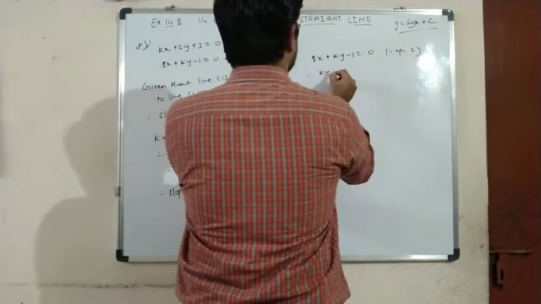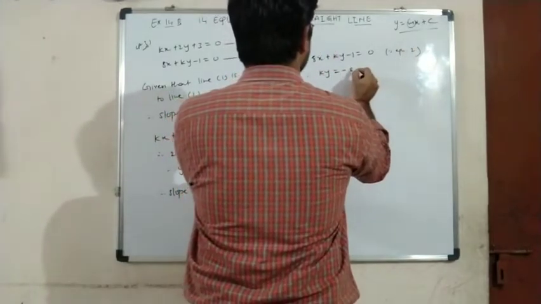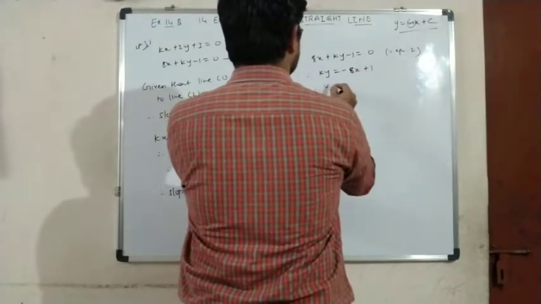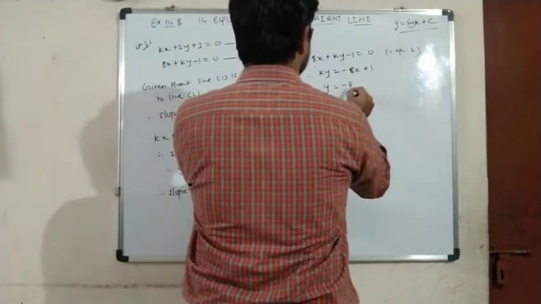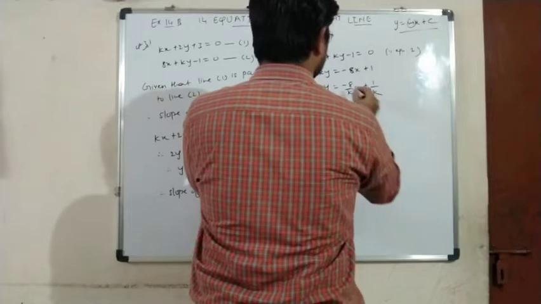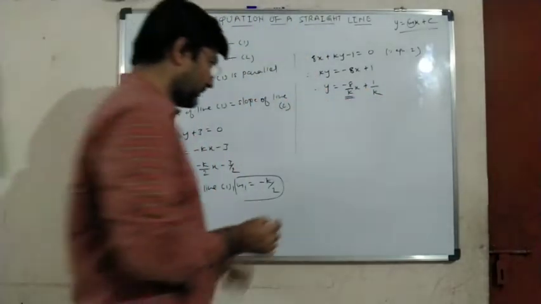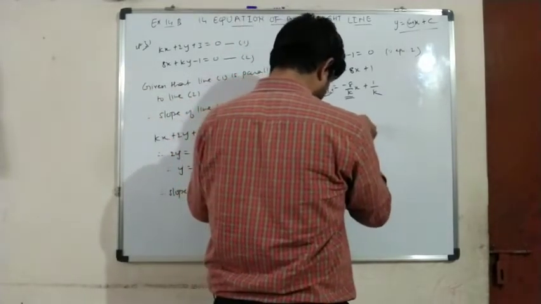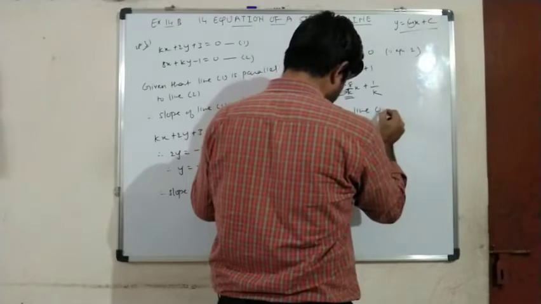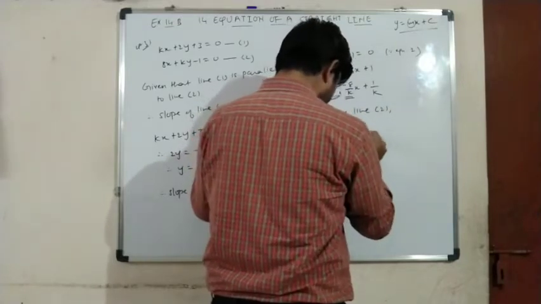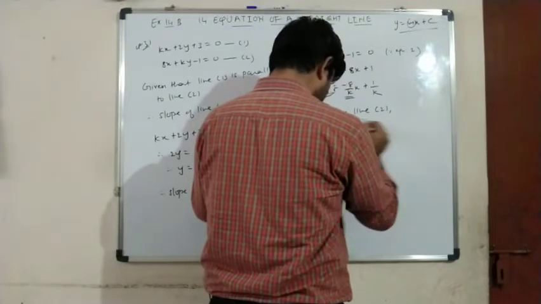Okay, so ky is equal to minus 8x plus 1. Therefore y is equal to minus 8 upon k x plus 1 upon k. Okay, so what is the value of m2? That is minus 8 upon k. Yes or no? Therefore slope of line 2 denoted by m2 is equal to minus 8 upon k.